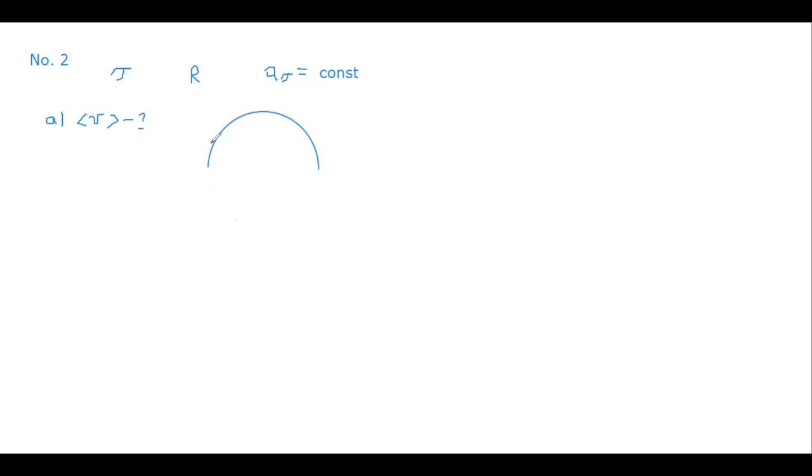This is the whole path that the point has traversed, and the radius is r.